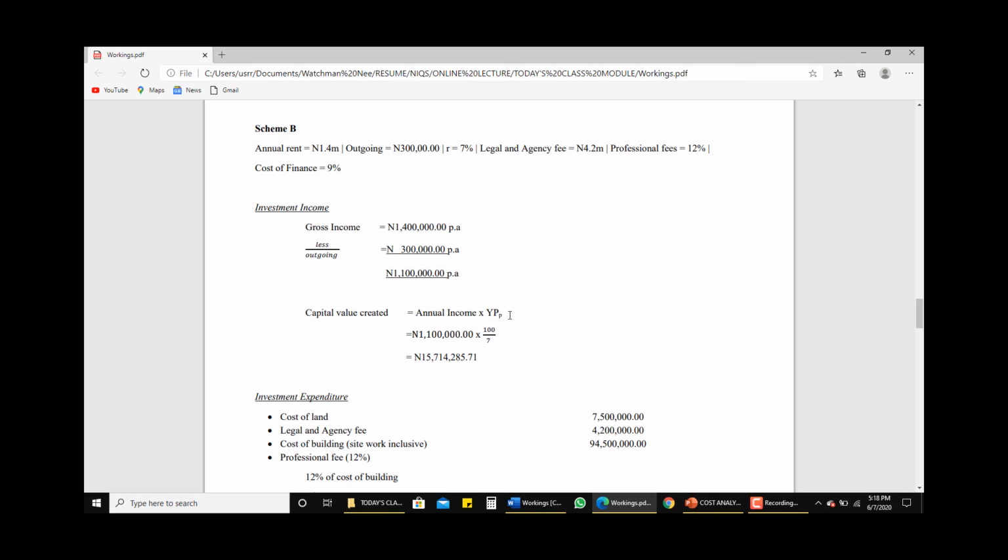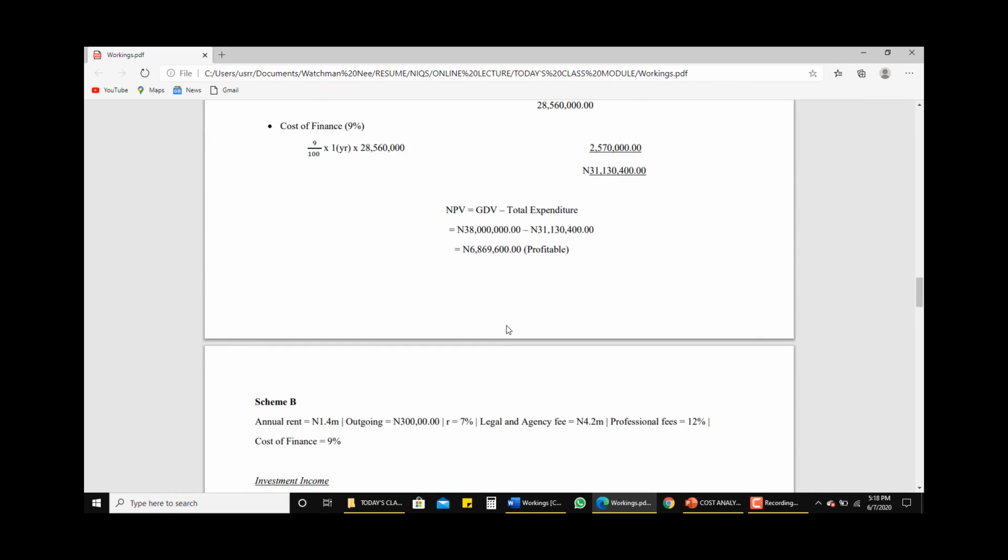And so what happened here is that the annual income has been discounted, because of the depreciation, giving consideration, so it has been discounted.